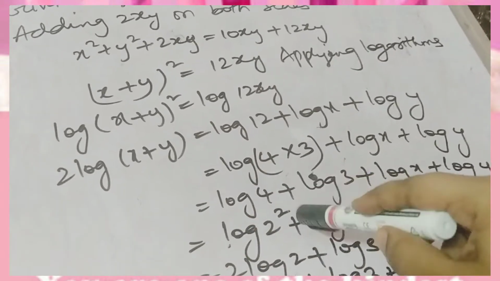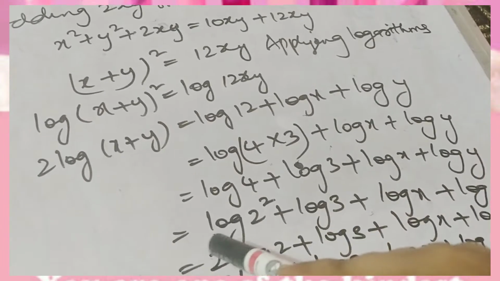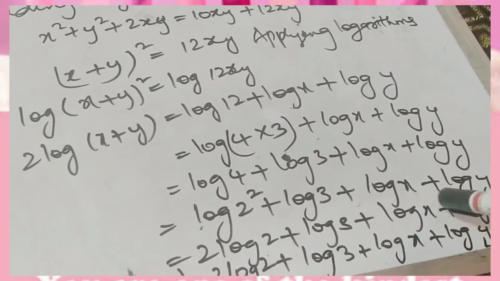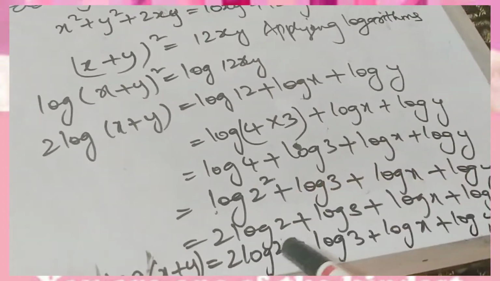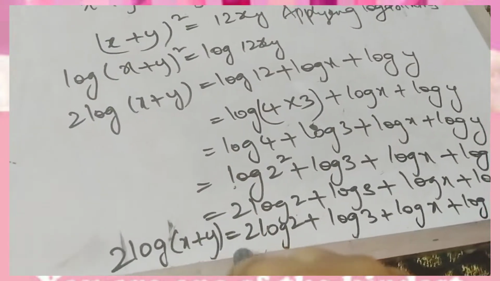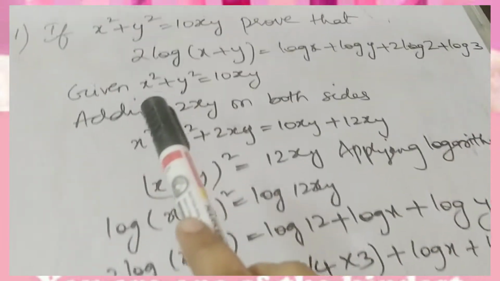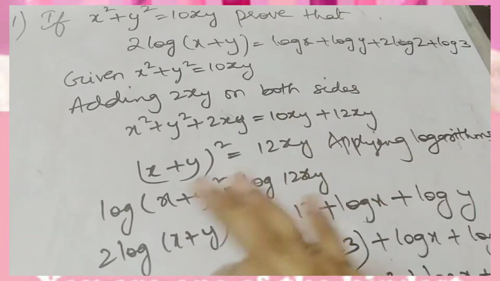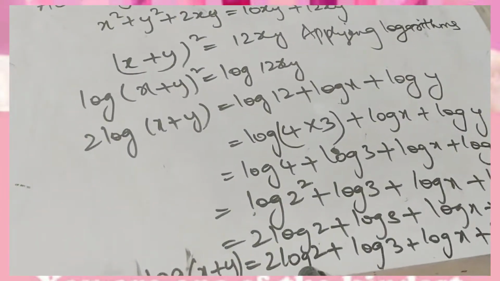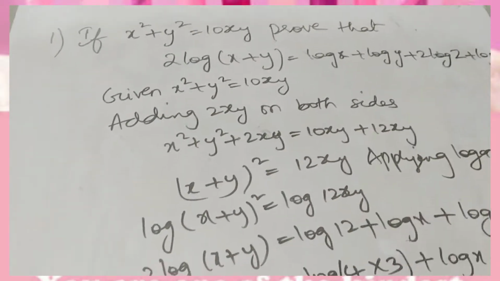So we have proved this, and you have to write hence proved. Here 2 log 2 is given, and here 2 log 2 is there, so the answer will be the same.